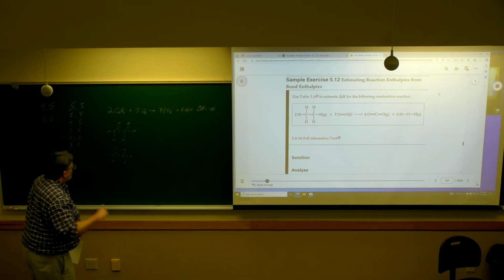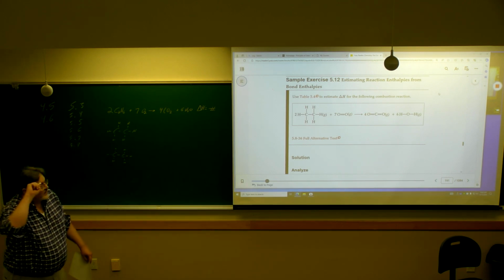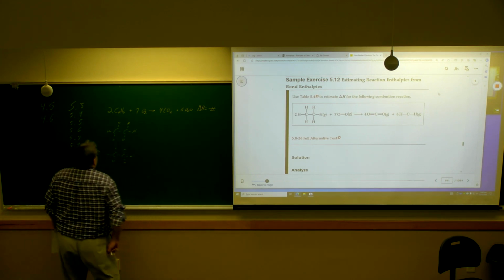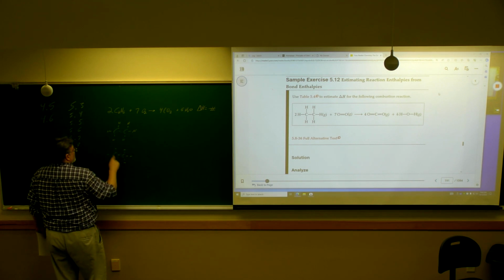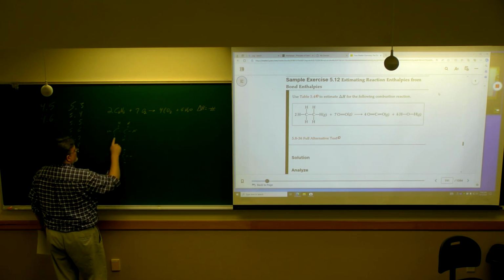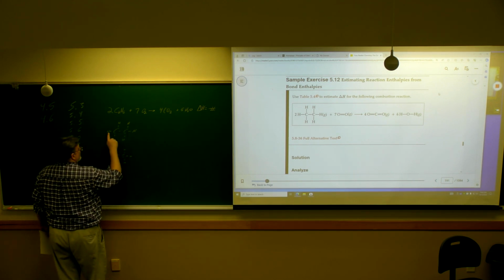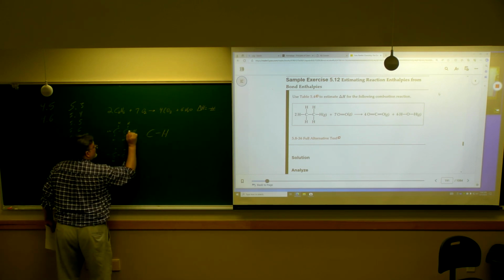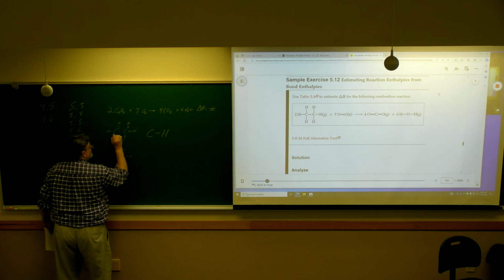What I need to do is break this down into the bonds that are there. 2 C2H6. So this is saying 2 of these, and there's 1, 2, 3, 4, 5, 6 C to H bonds. There's a C to H bond, C to H, C to H.